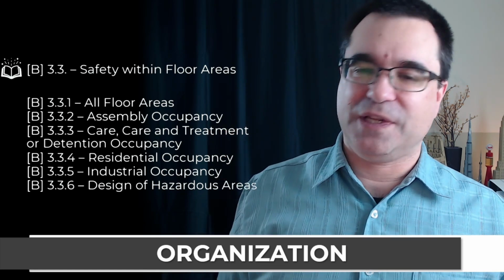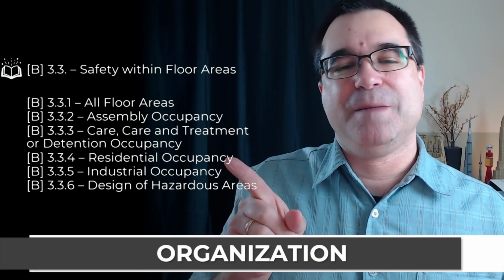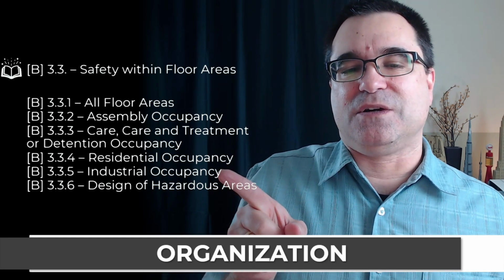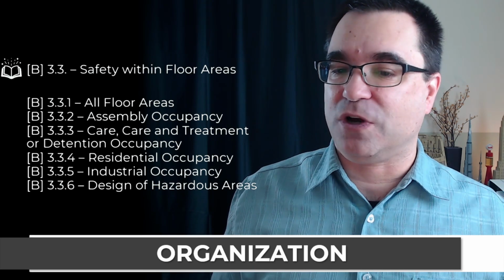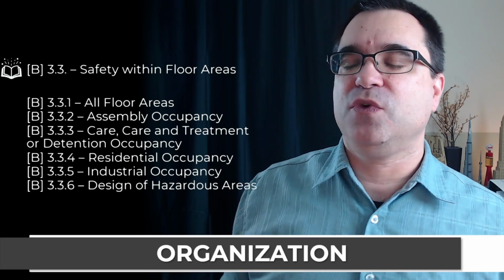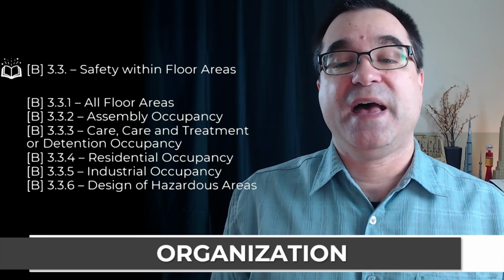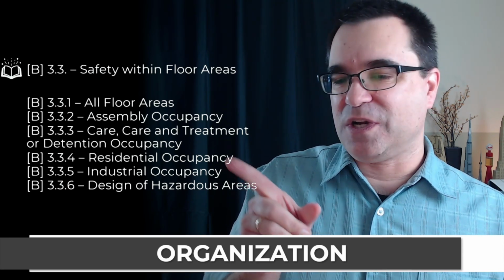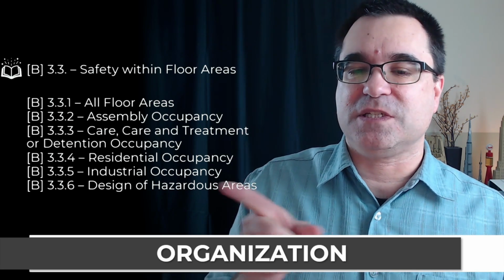The third one relates to B major occupancies. The fourth one relates to C major occupancies. And this one here relates to F major occupancies. And finally, under 3.3.6, we have hazardous areas. So these are areas that, regardless of the specific type of occupancy, are considered hazardous.